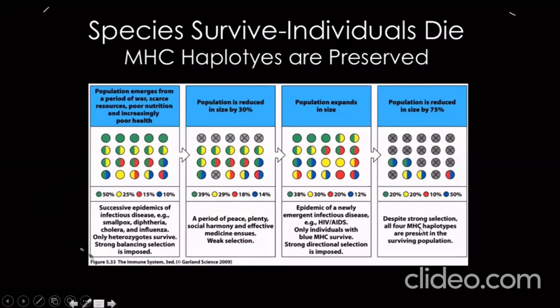They fight against the pathogen. They say you cannot win the war. I am here to help the human species. I sustain, I am resistant to anything, and a small population makes us survive and makes us fit. That is why we should thank our immune system, our MHC haplotypes. That brings us to the conclusion of the class.